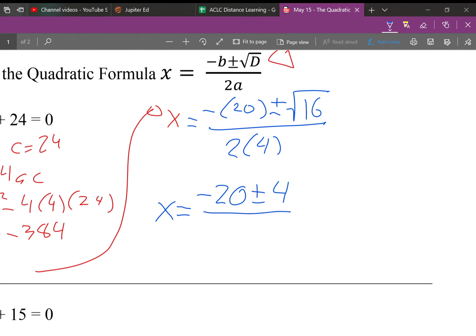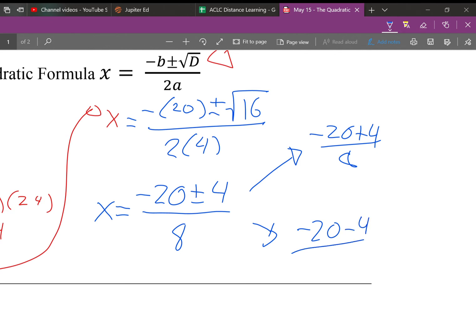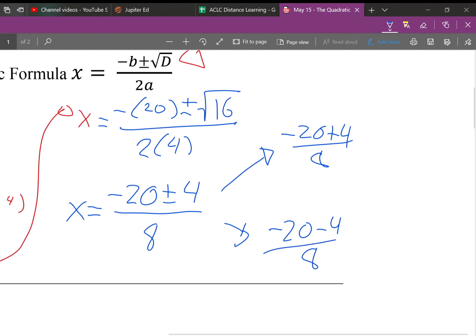And then on the bottom, 2 times 4 is 8. Now, here, we get to what we've been working on the last 2 days. We're going to split this into negative 20 plus 4 over 8, and also negative 20 minus 4 over 8. And we're going to do these separately.